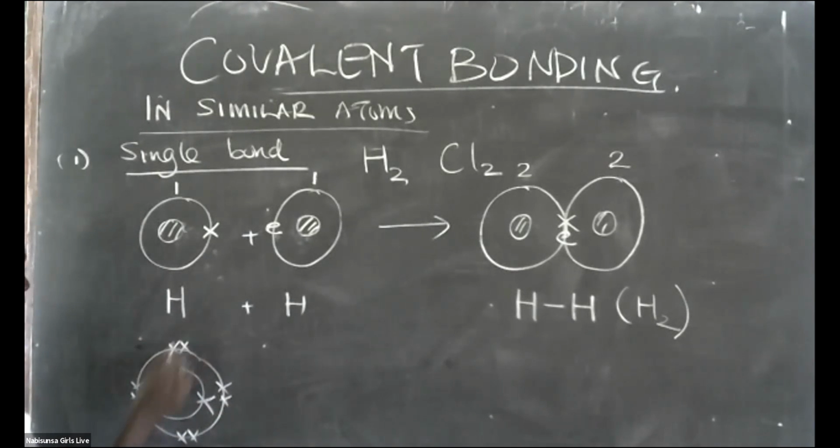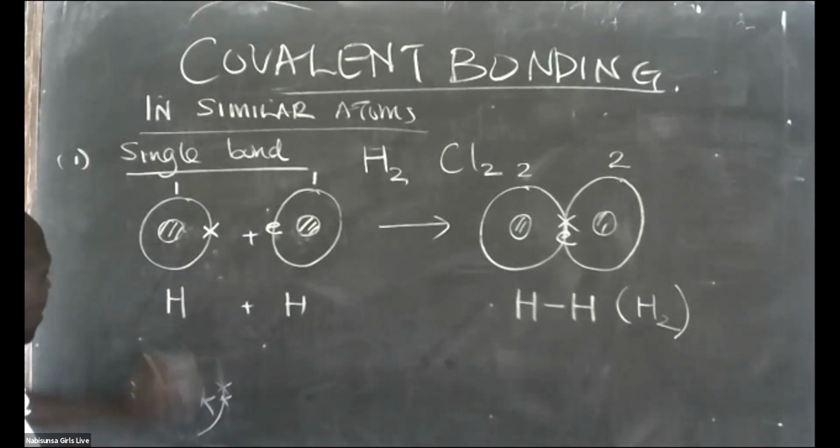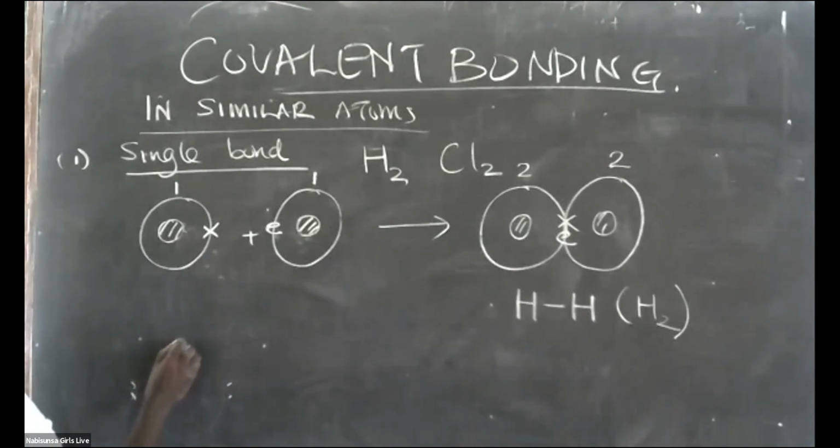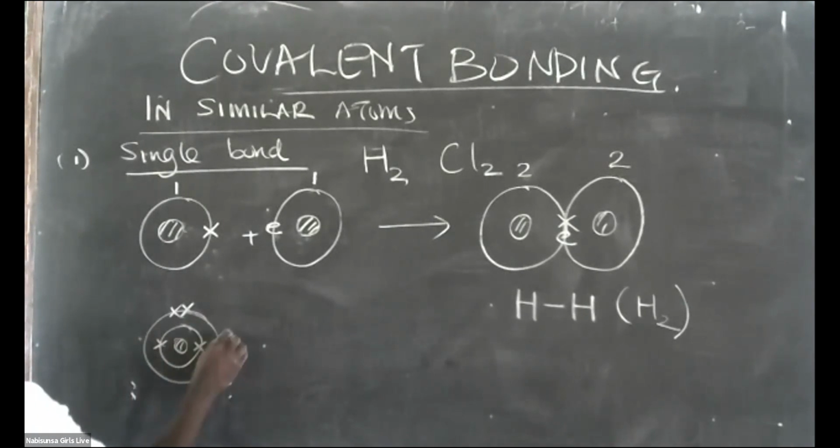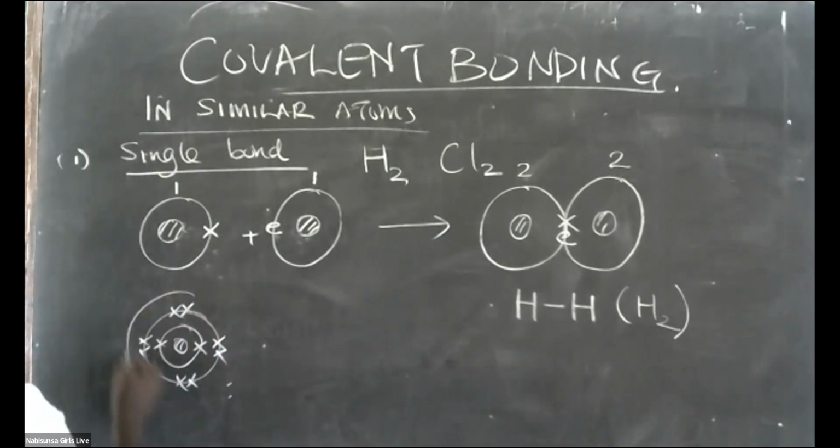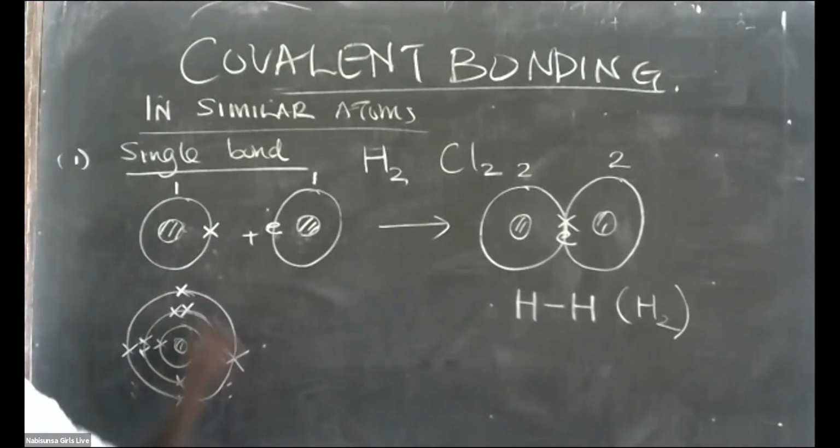Third energy level, how many electrons? 7. So these are 2, followed by 8, followed by 7: 1, 2, 3, 4, 5, 6, 7.